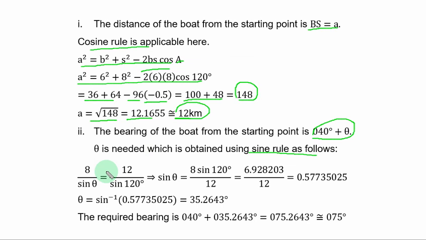So the sine rule is stated in this form. If you make sine theta the subject, you have this result: 8 times sine 120 degrees, divide by 12, and that is 0.5773525.